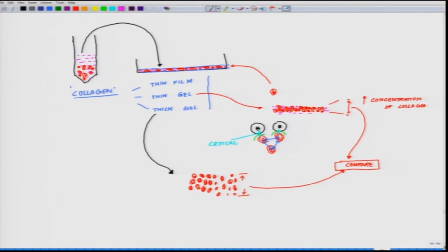Then there are two aspects which will come into play. The first aspect is what will be the space between these individual molecules of collagen. Here you are no more growing the cells on a glass substrate with a thin film or a thin gel.